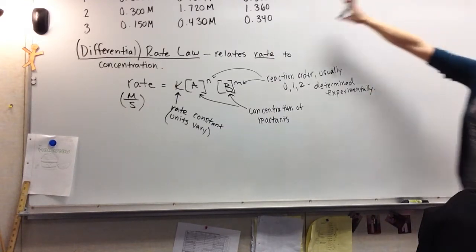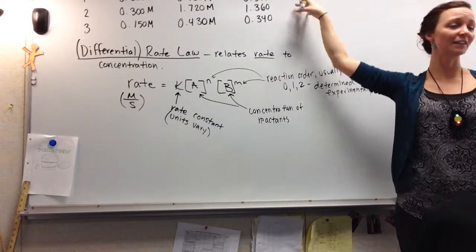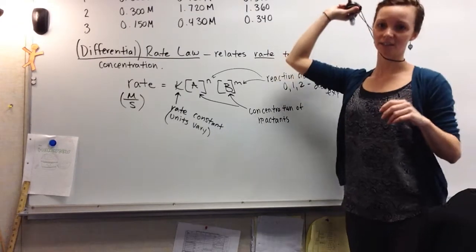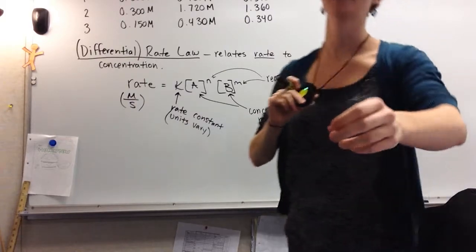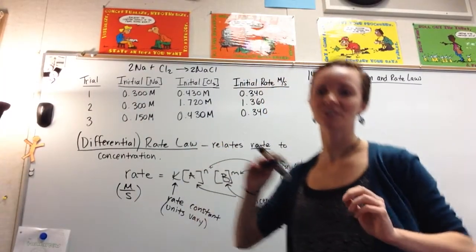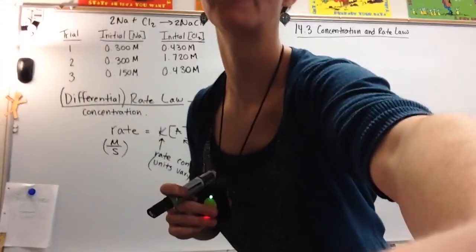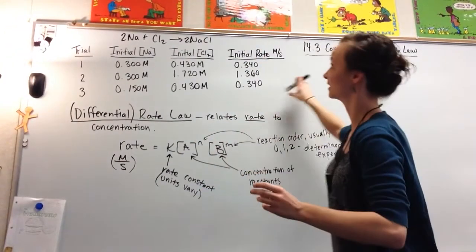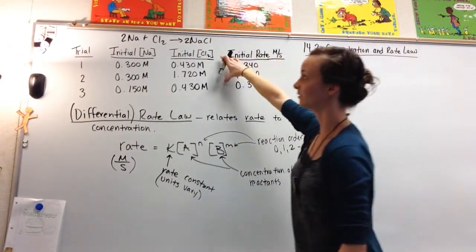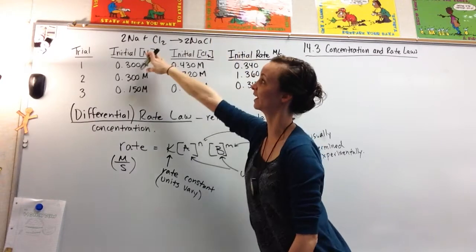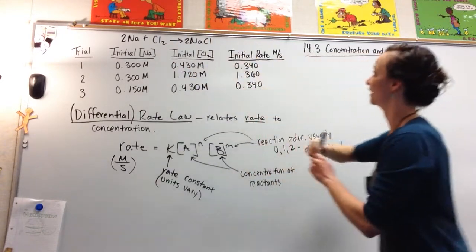Okay, so what I want to show you guys is this. You don't have to copy this data into your notes if you don't want to, but you can just reference it. That's on the board as it is right now. So this is data for the reaction above. When Na reacts with Cl2, it creates NaCl.